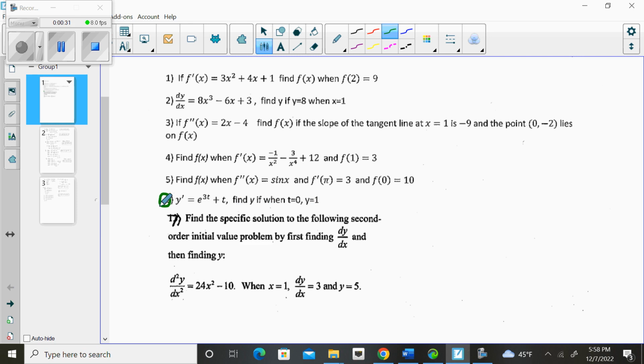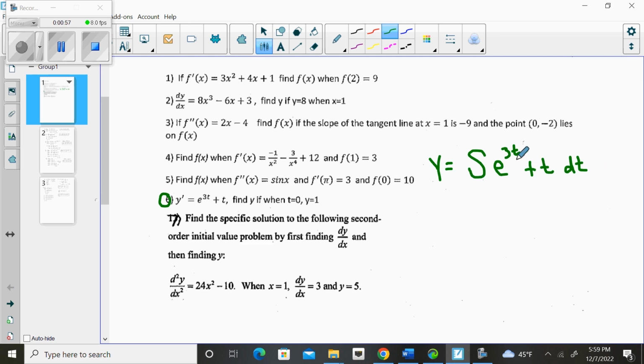We're told to find y when you're given y prime. So y, of course, is going to be the antiderivative of e to the 3t plus t. And so then I want to put a dt here, because this derivative is with respect to t.